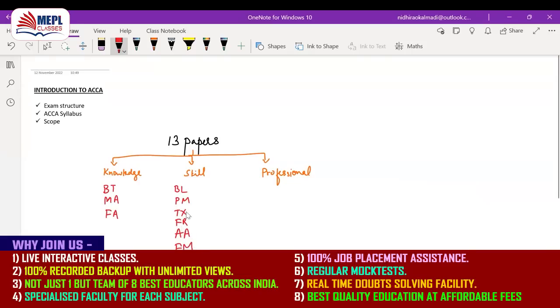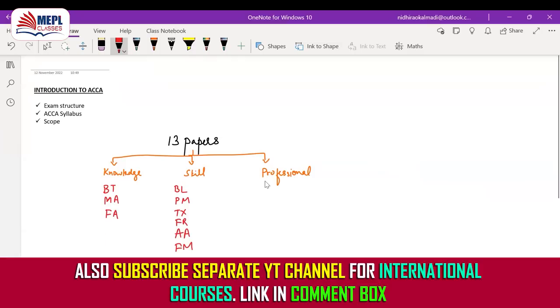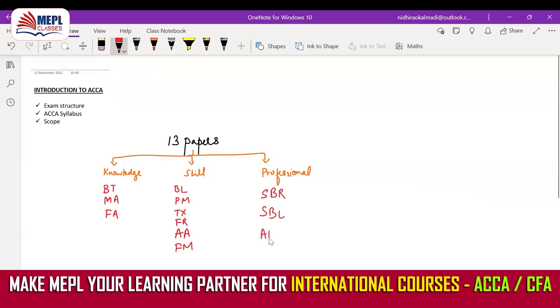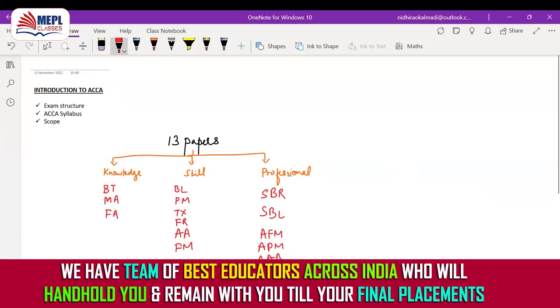And moving on to your professional level paper, here you have 4 papers in which your SBR and SBL, these 2 papers are compulsory, and apart from that you have AFM, that is your advanced financial management, APM, which is advanced performance management, AAA, that is advanced audit and assurance, and advanced taxation.